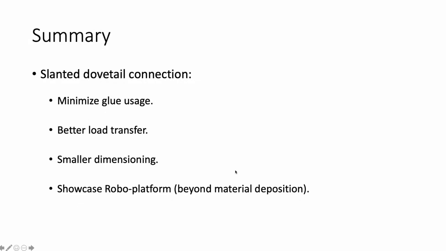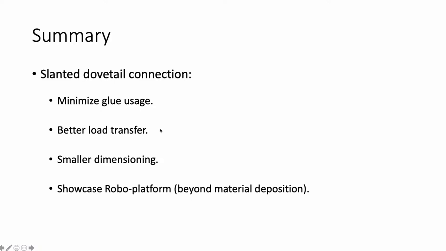We think that the slanted dovetail connection would actually minimize glue usage. It would be partially in the connection pieces or lock pieces, or maybe laminating some parts in situ.